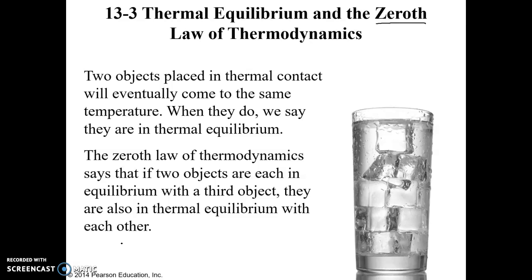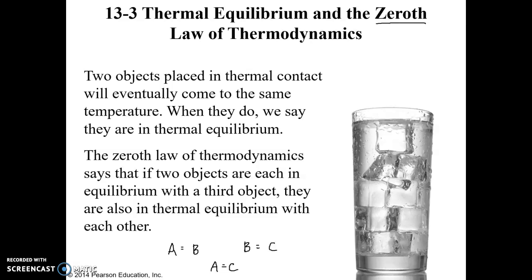This is kind of like in algebra, if A equals B and B equals C, then A equals C. That's called the transitive property of equality in mathematics. And so for us in thermodynamics, that's basically the Zeroth Law of Thermodynamics.